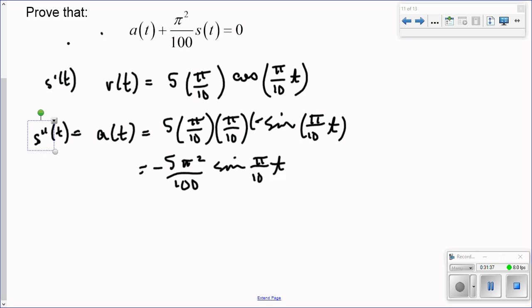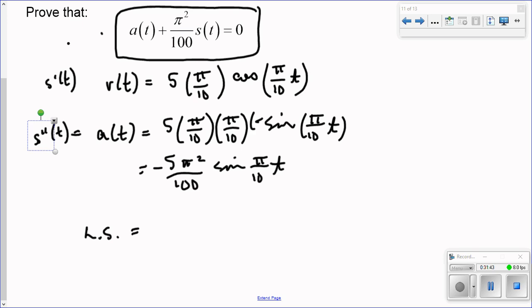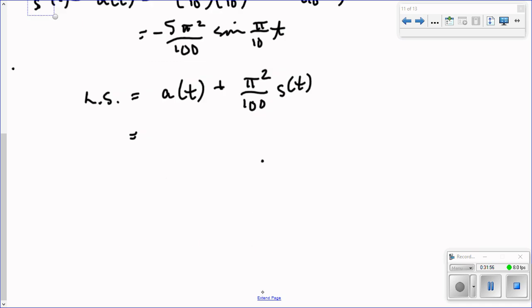Alright, my differential equation is this one here. My left-hand side is my more complicated side. That's going to be a at t plus pi squared over 100 s at t. Now I'm going to make some substitutions. My a at t function I just found to be negative 5 pi squared over 100 sine pi over 10t.